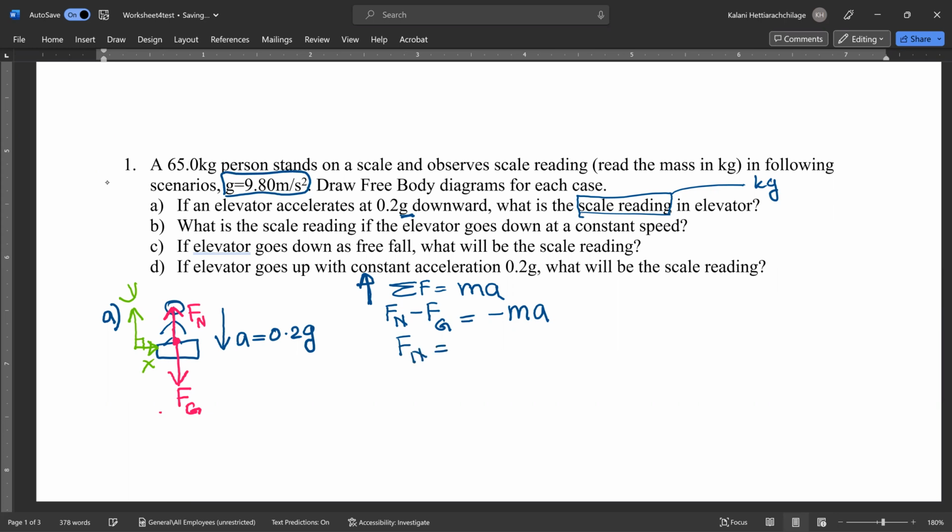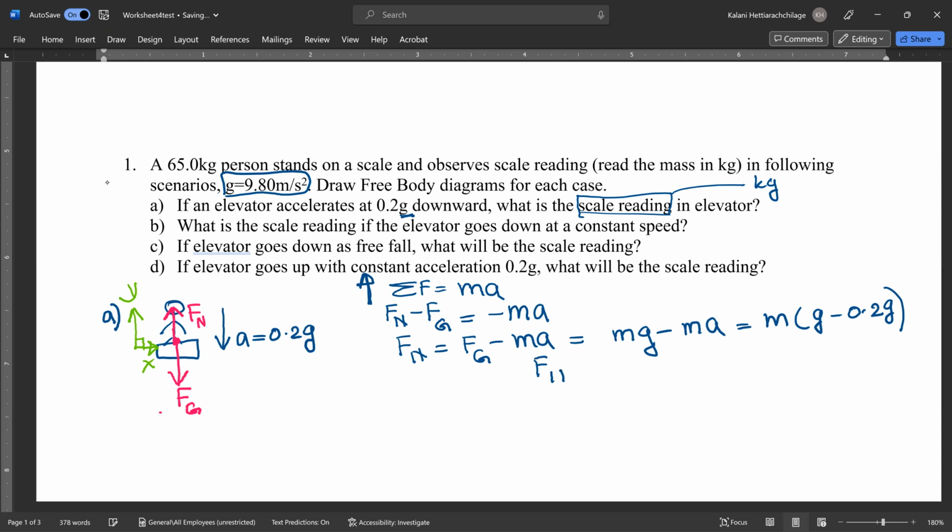I'm going to add Fg to both sides: N equals Fg minus m a. As soon as you write it, we know Fg is m times g, minus m times a. Since m is common, I can take m times (g minus a). Now a is given in the question as 0.2 g. Here g is not gram, g is the value given.